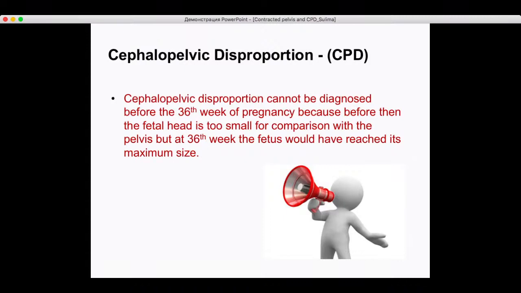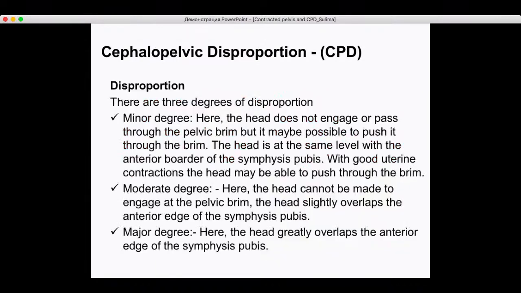Because before then, the fetal head is too small for comparison with the pelvis, but at 36 weeks, the fetus has reached its maximum size. That's why it's impossible to diagnose cephalopelvic disproportion before 36 weeks of pregnancy.